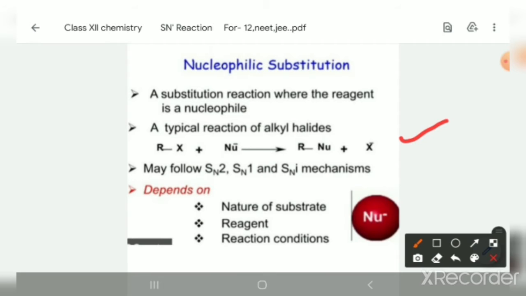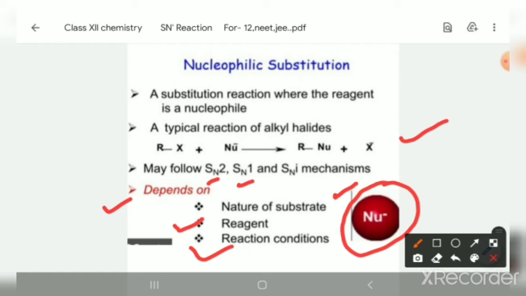This reaction may follow the SN2 or SN1 mechanism, and the nature of the reaction depends upon the nature of the substrate, reagent meaning attacking reagent, and reaction condition. The nucleophile means a reagent or substance having electron density, either in the form of a minus charge or a lone pair of electrons.